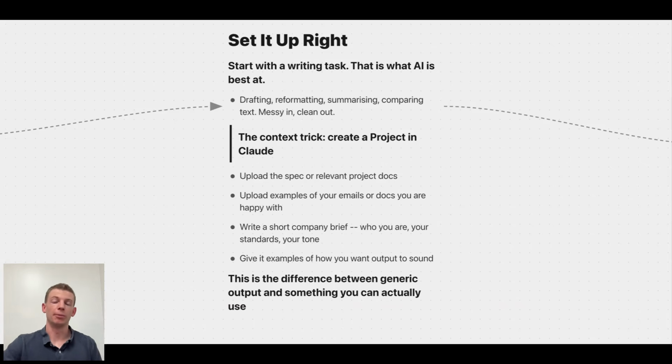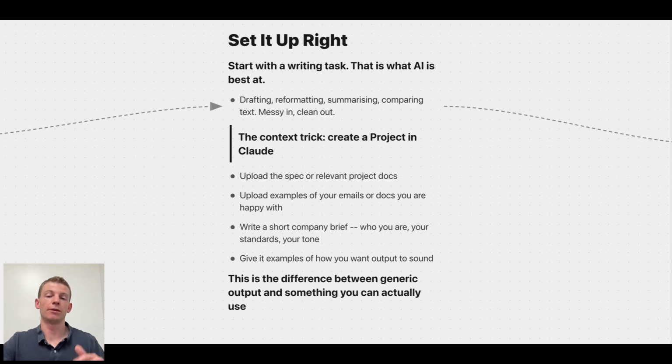A good example would be if you want to write an email with a question that is contained within a spec document. At its very simplest, you upload the spec document to the chat. You then also upload three well-written emails of yours that you've done in the past. And then what I do, I use a tool called Whisperflow where I can just push a button and talk to my laptop.